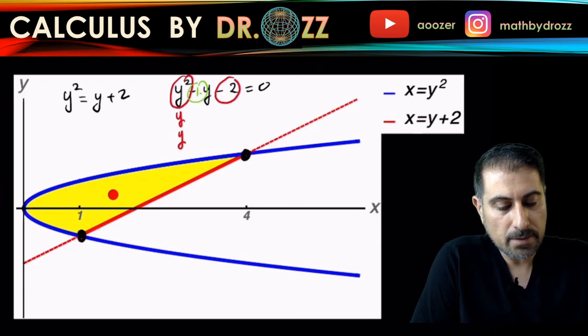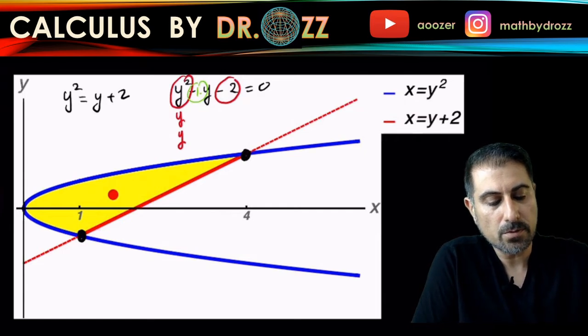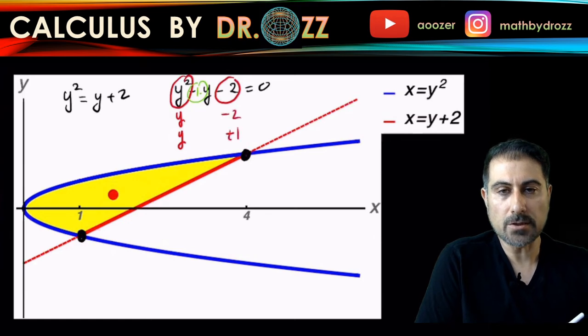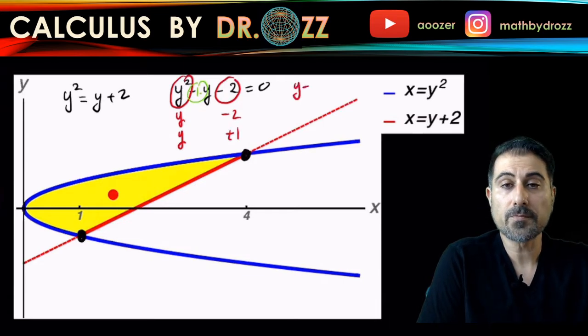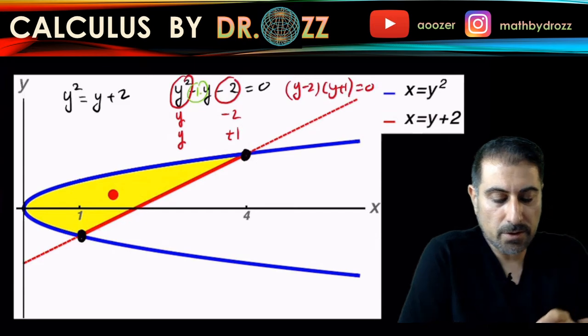I can tell you that these numbers are negative 2 and 1. This tells me exactly how the factorization works. So that's y minus 2 times y plus 1 equals 0. This tells me that the y coordinate of the intersection is 2.